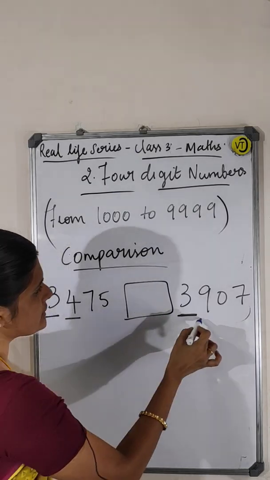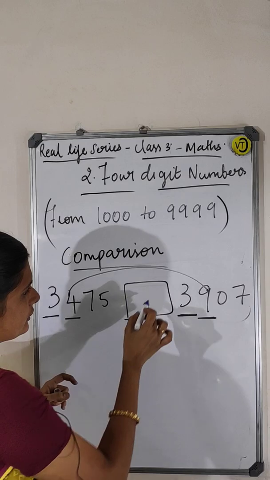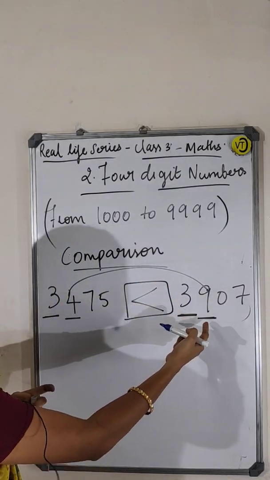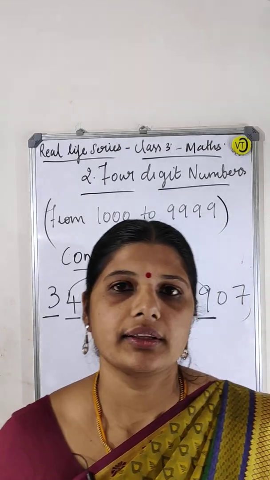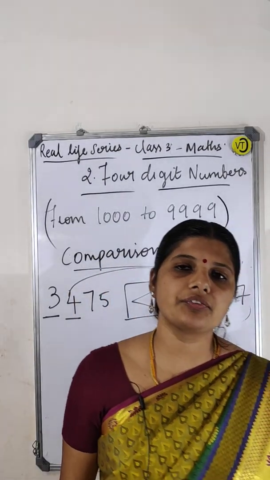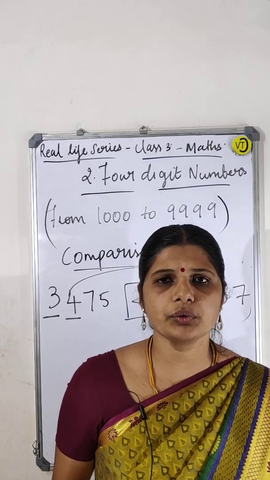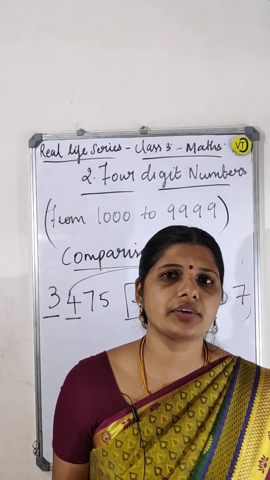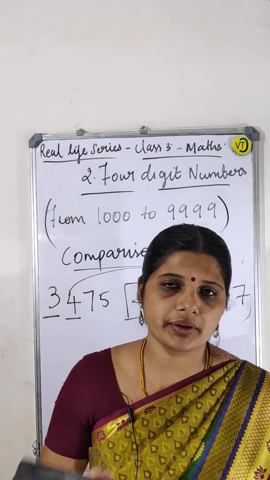This is 4, this is 9. I am comparing this to this. What happened? This is greater because 9 is greater than this 4. So hence I can do like this. Whenever you want to compare, you can see that leftmost digit. You can compare that number itself. Then you can conclude the entire number when you are comparing with the other numbers.